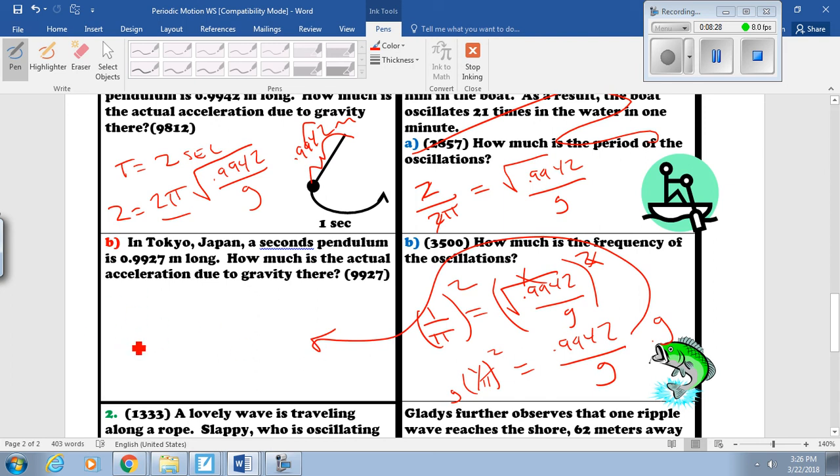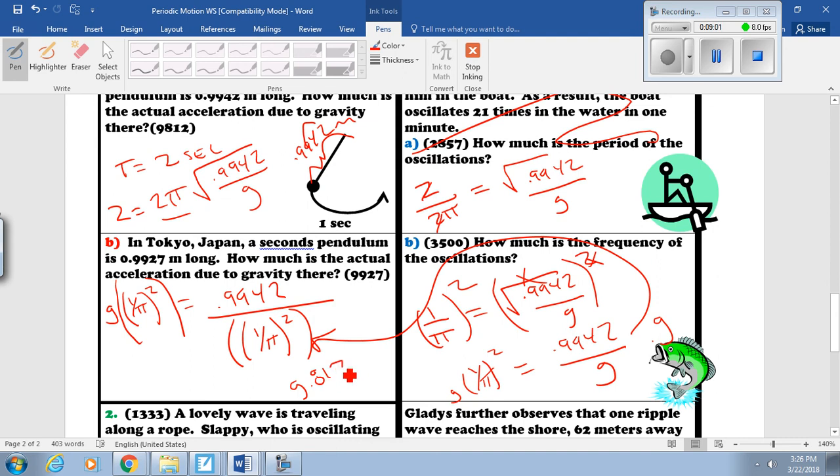So you end up with g times 1 over pi squared, I'll put an extra parentheses in there so you can see that those are separate, equals 0.9942. Divide by this 1 over pi squared, and you should end up with 9.812 meters per second squared, which is that answer over here.